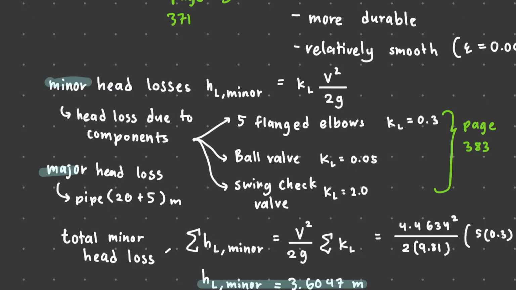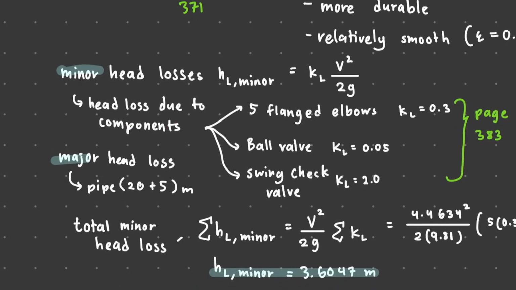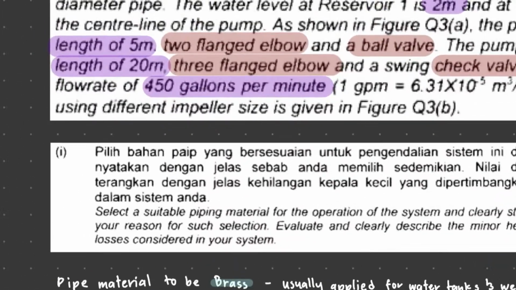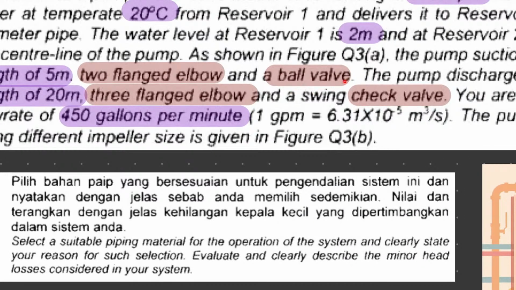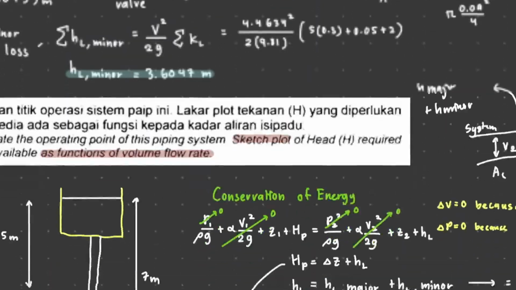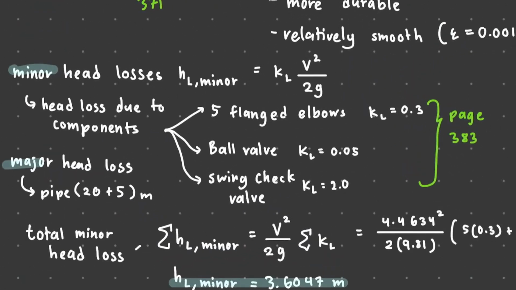The minor head loss is due to the components. So I already highlighted here how many components we have. We have 2 flange elbow, ball valve, 3 flange elbow, check valve. So altogether we have 5 flange elbows, ball valve, swing check valve.